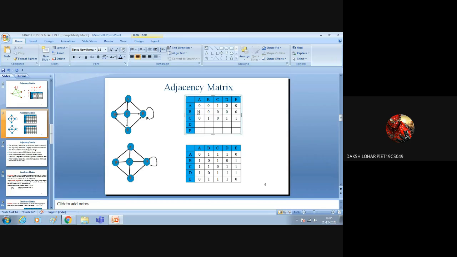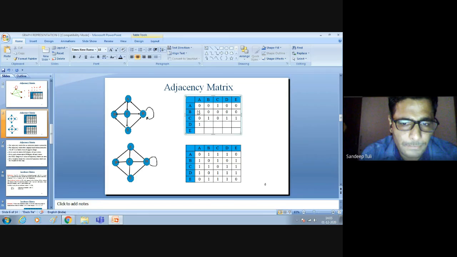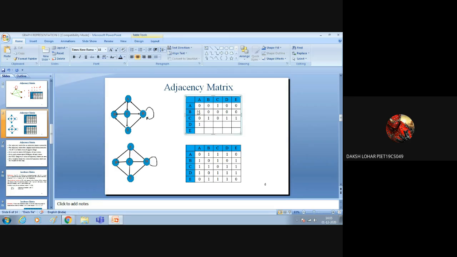For D it is 1, 0, 0, 1, 0, 0, 1, 0. For B, sir, B for 1, 1, and 0.